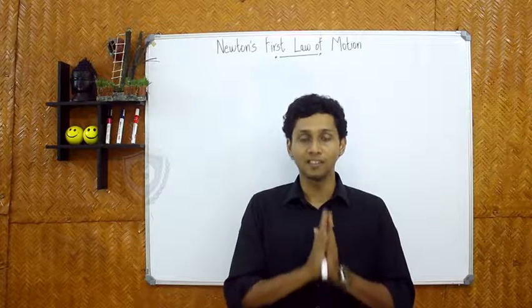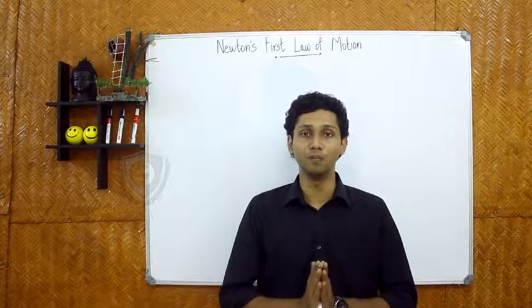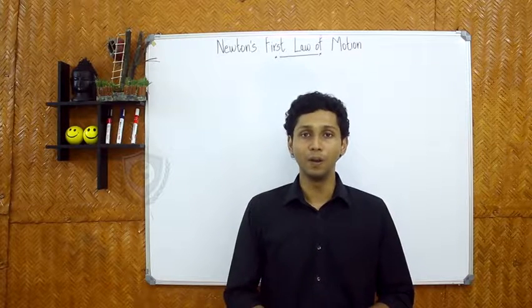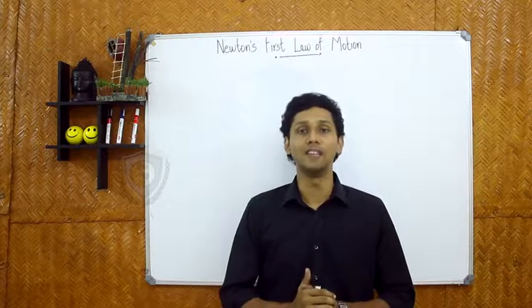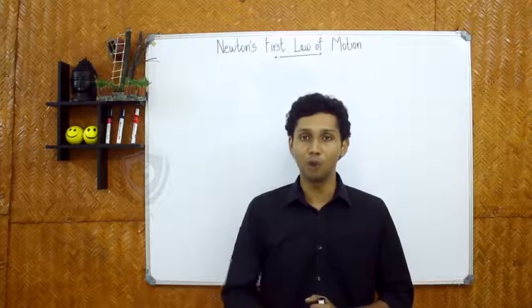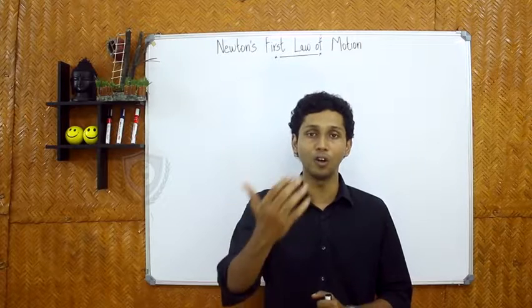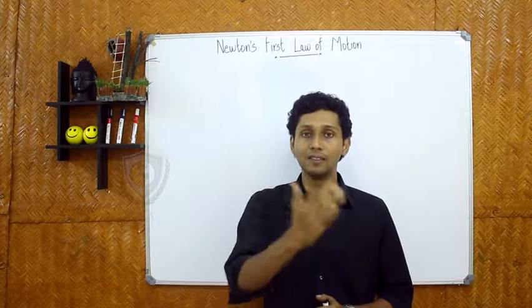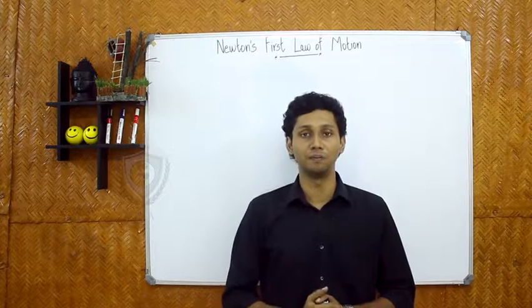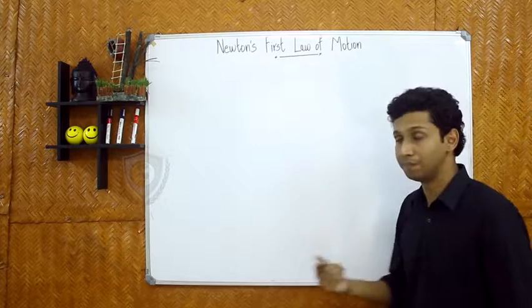So let's see what exactly Newton's first law of motion is. We'll start by stating its statement. Newton's first law of motion states that a body continues to be in its state of rest or of uniform motion along a straight line unless it is acted upon by an unbalanced external force. We would first write the statement.